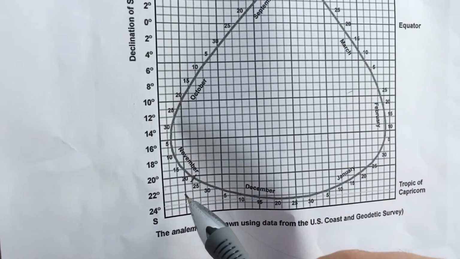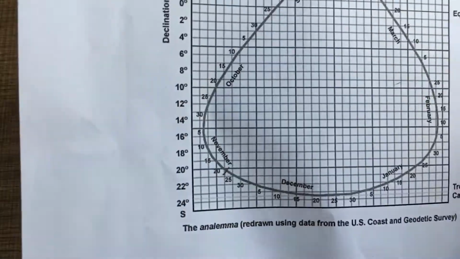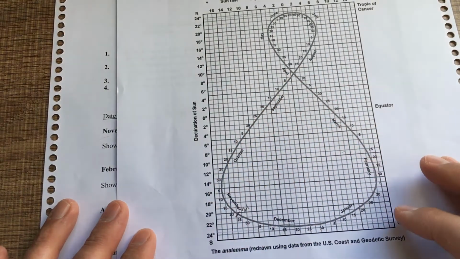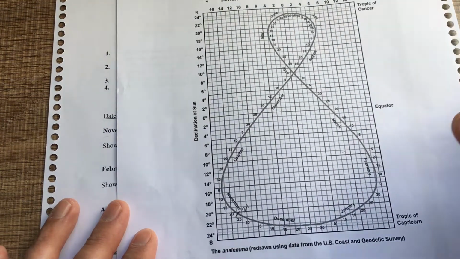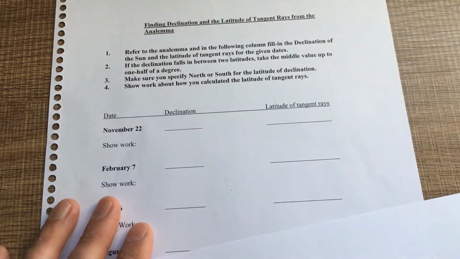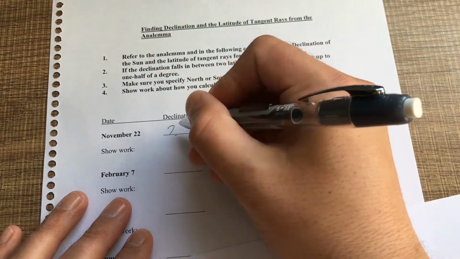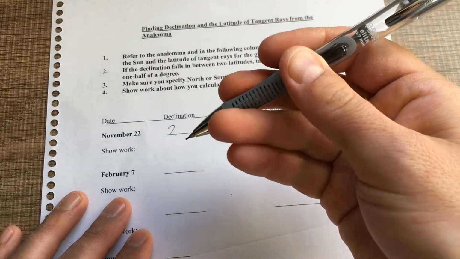I just told you to round up, so I'm going to put this at 21. I'm just going to write it here. 21 degrees would go on this line.